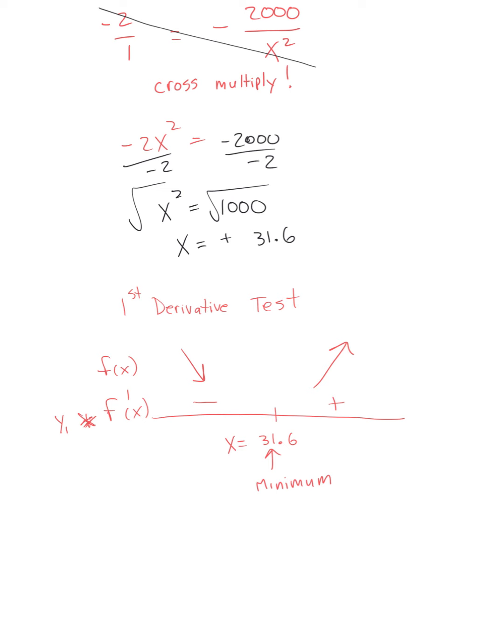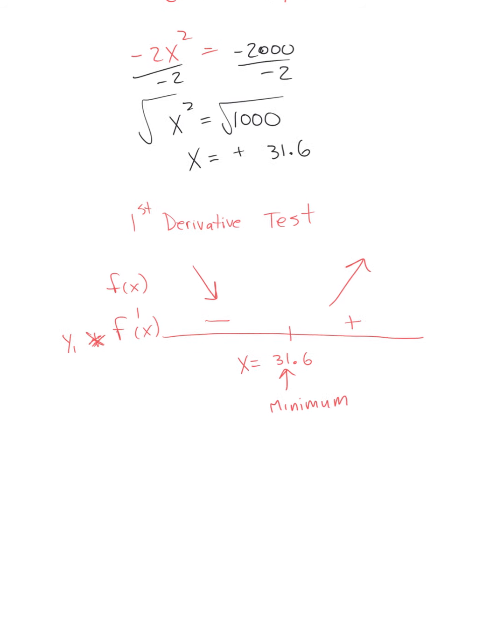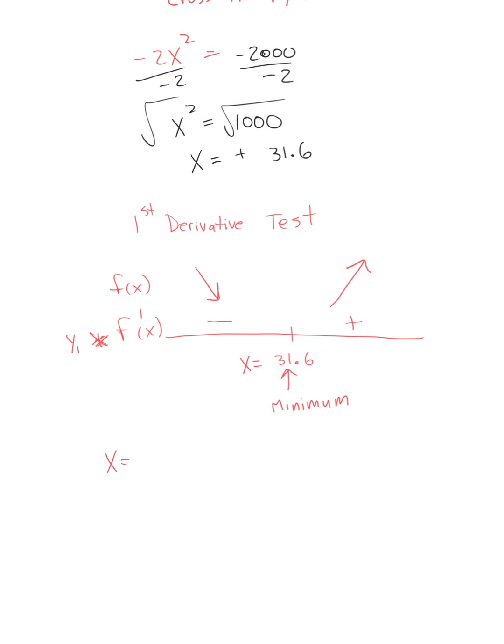So remember that's our x. Now we're ready to answer the question. My x is equal to 31.6. Now we have to find y. And remember, you always go back to the solved constraint. So our solved constraint was y is equal to 1,000 over x.